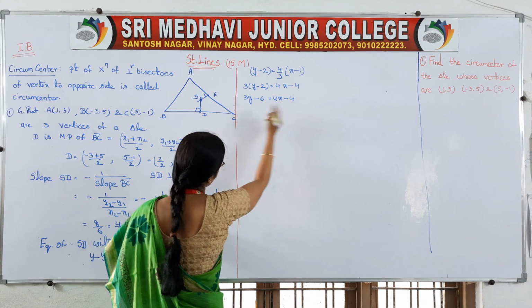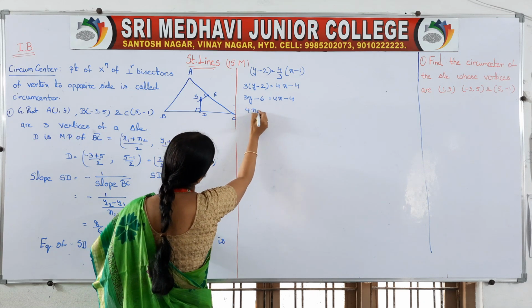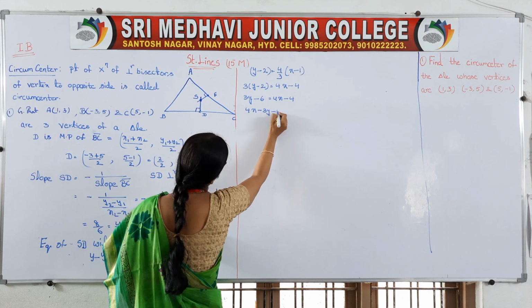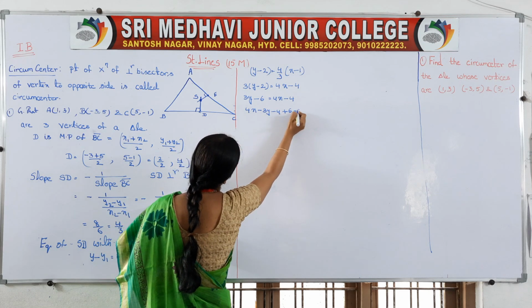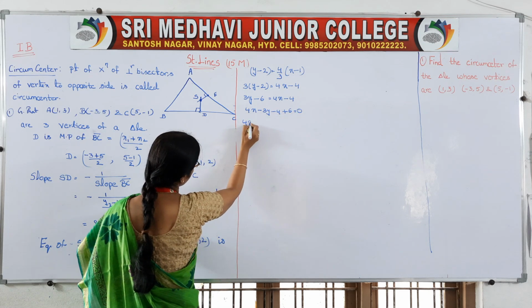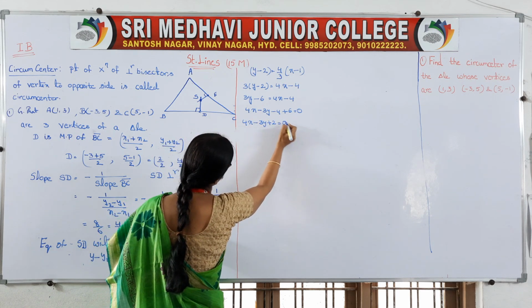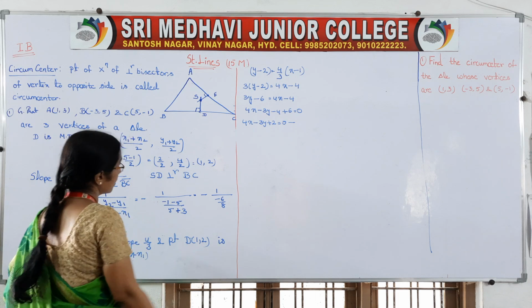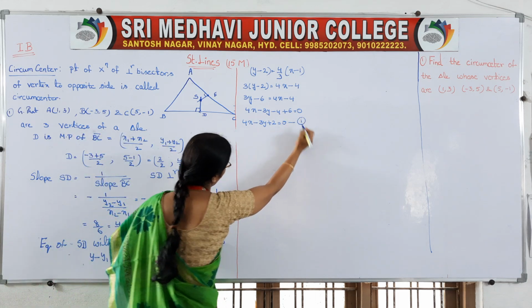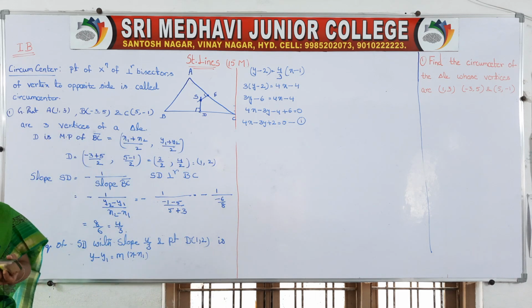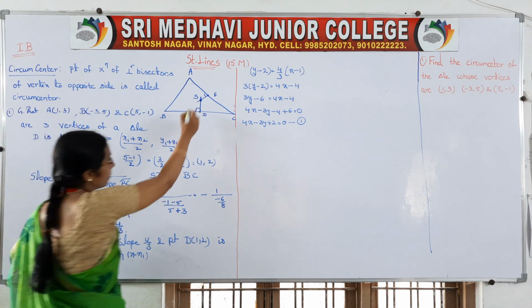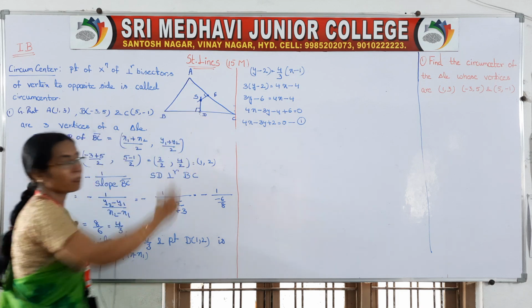So send these values to the other side: 4x minus 3y minus 4 plus 6 is equal to 0. So it is 4x minus 3y plus 2 is equal to 0. You consider this as equation number 1. Till now we didn't get any equation, so we can take that as equation number 1. This is your SD equation.